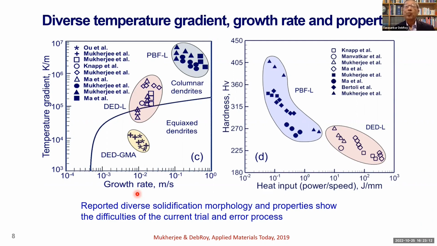And we have to be very careful in selecting our process variables so that we get the optimum values of part attributes. This is not a trivial task, particularly if we do it by trial and error.